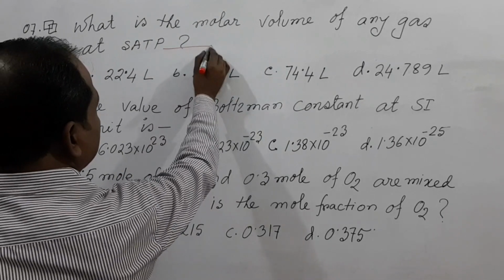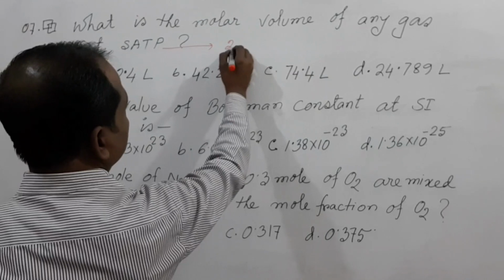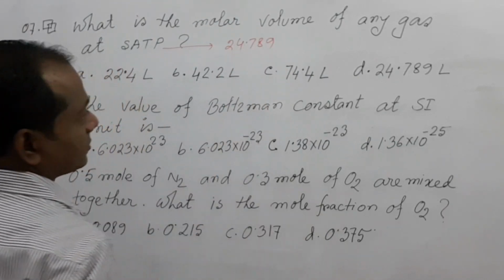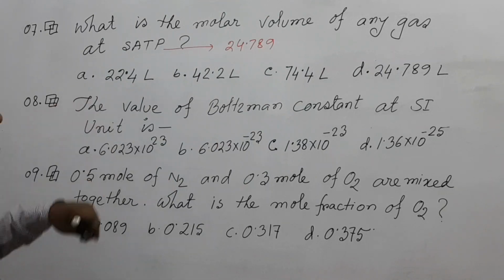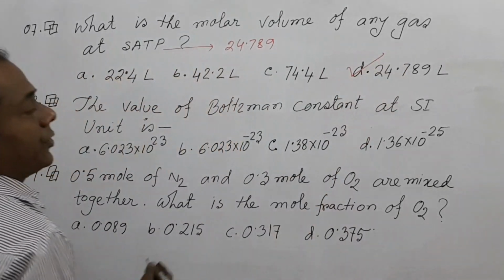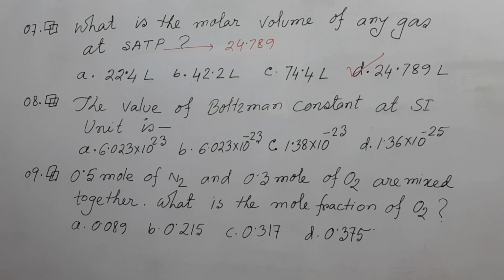We know that at SATP the volume of any gas is 24.789, and we get the answer here, option D. Next, value of Boltzmann constant in SI unit is option A 6.023 into 10 to the power 23, option B 6.02 into 10 to the power minus 23, option C 1.38 into 10 to the power minus 23, and option D 1.36 into 10 to the power minus 25.